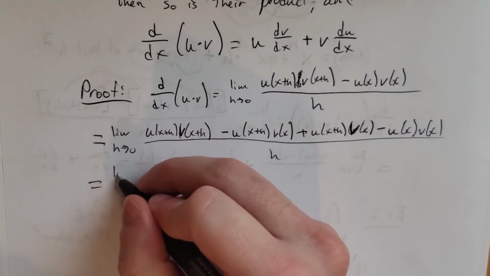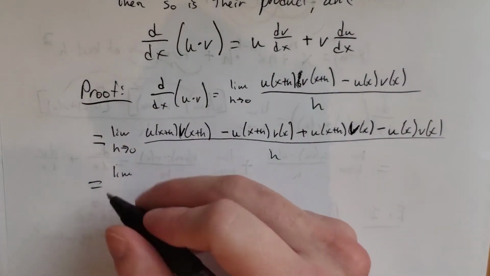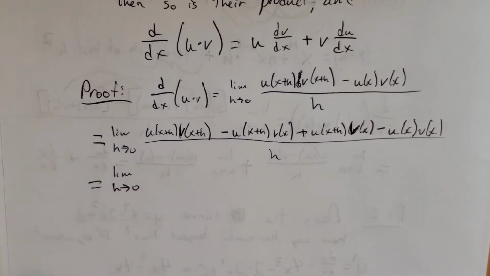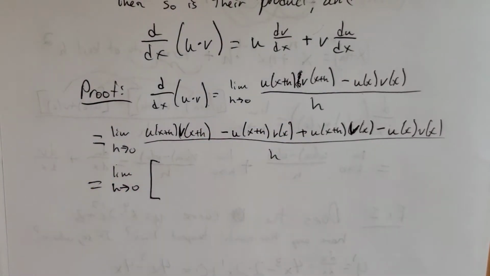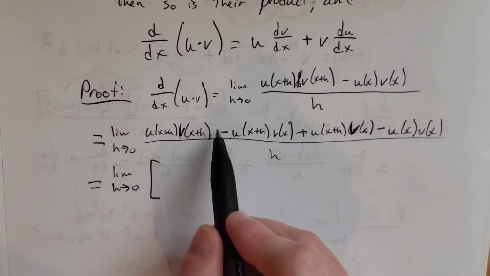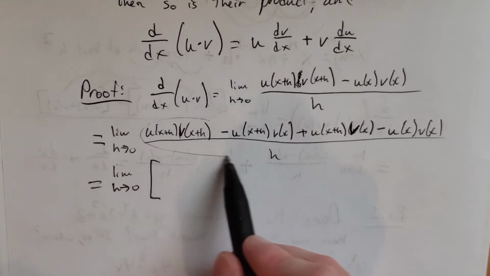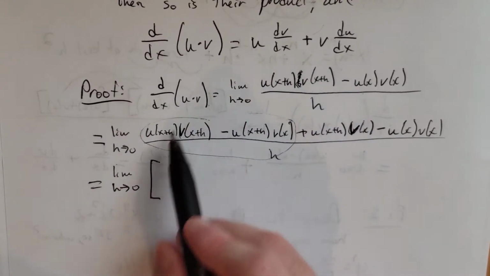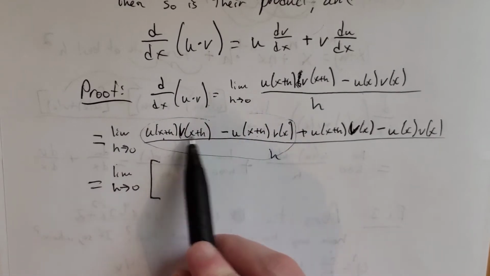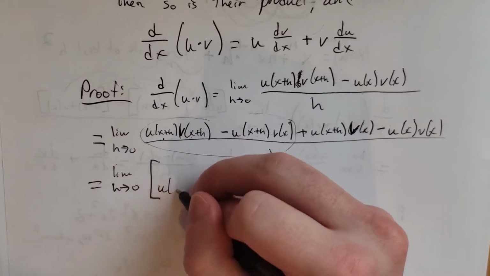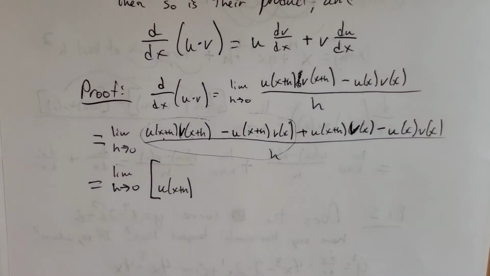Now let's separate all of this. So we have the limit as h goes to 0 of several things here. First, we have a u of x plus h in both of these terms up here, so let's factor out a u of x plus h.